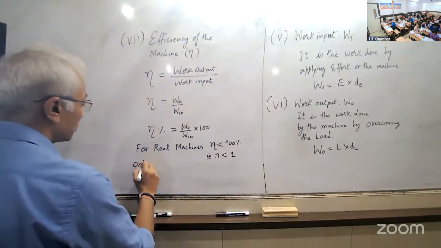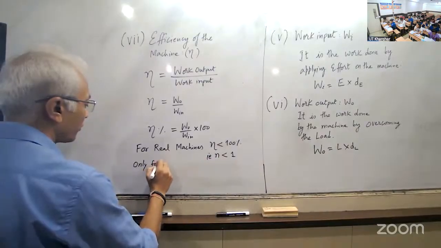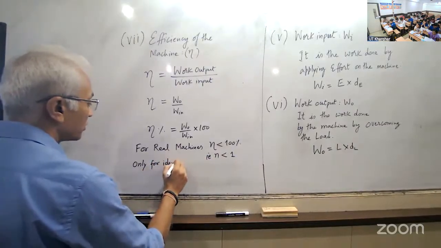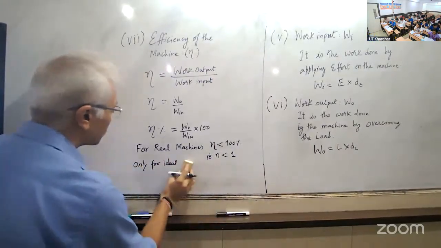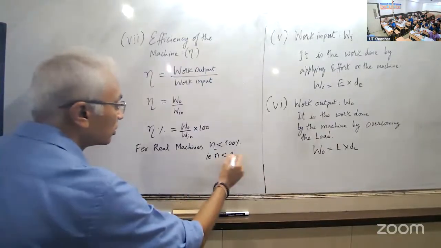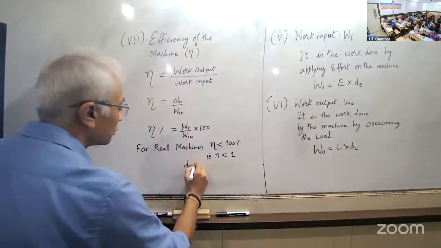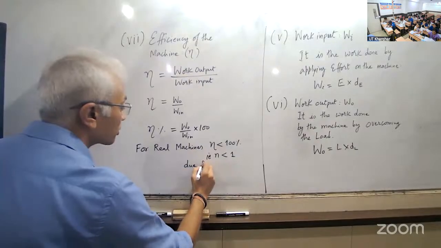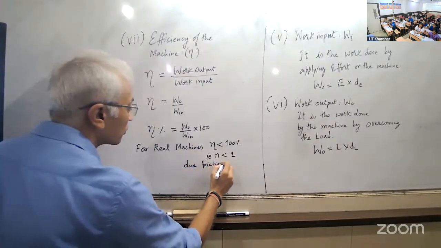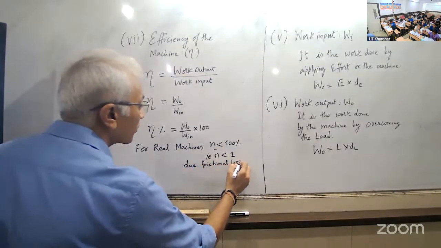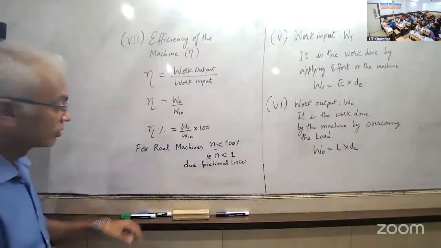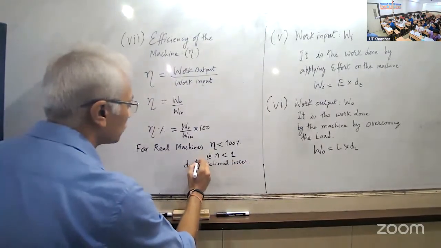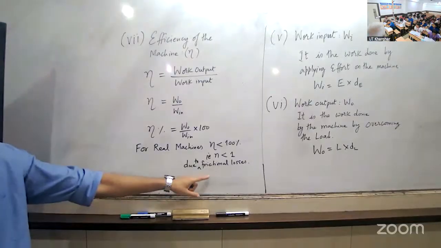Only for an ideal machine. ठीक है, इसको ये भी लिख लो. Less than 1 due to frictional losses. So you can't avoid friction, right?